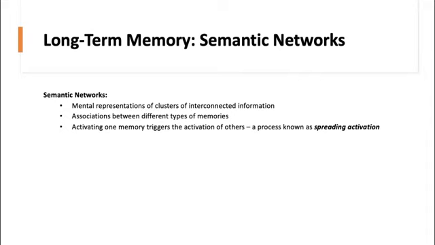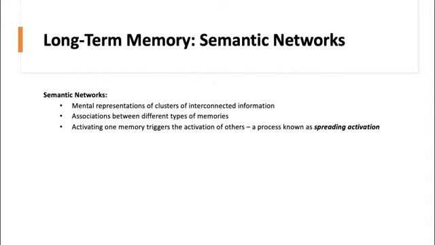These are mental representations or clusters of interconnected information. We have associations between different types of memories, so when one memory is activated, it triggers activation of other memories. And this process of one memory triggering another memory that triggers another memory and so on is called spreading activation.